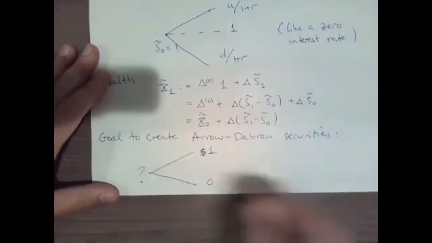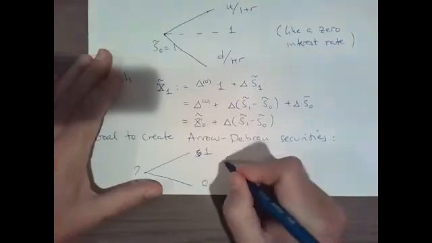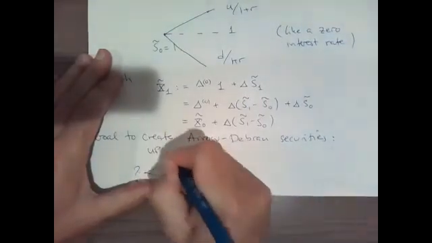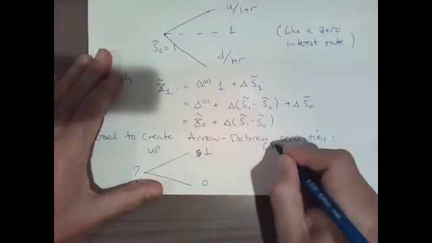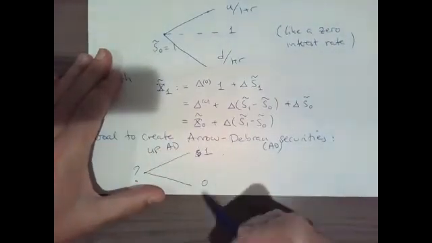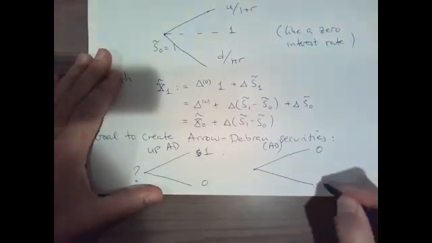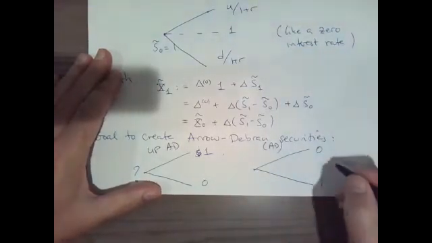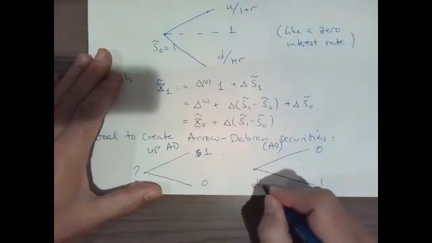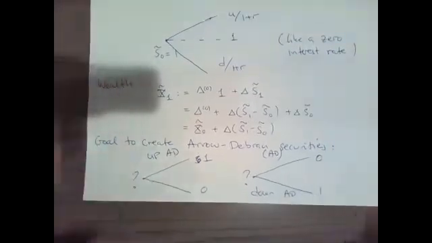And the goal, of course, as it always is, is to figure out what the price is at time 0. So this is the up. These Arrow-Debreu securities are called AD. This is up AD. And then we're going to have a down AD as well. And this one here is a down AD. And the question is, what is this initial value?